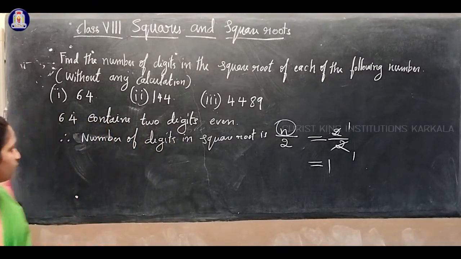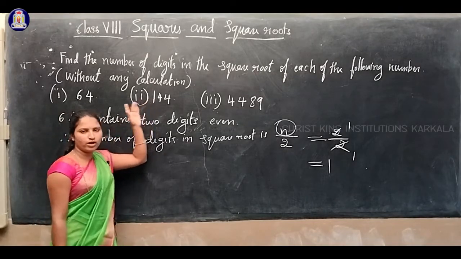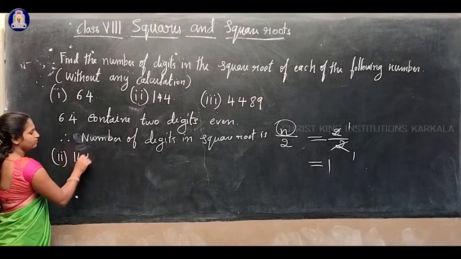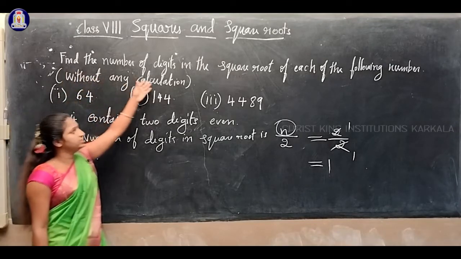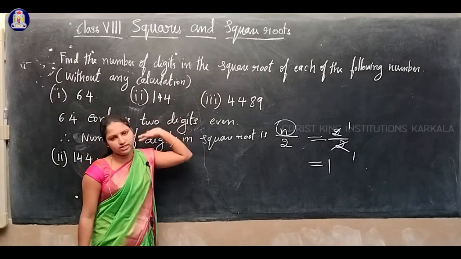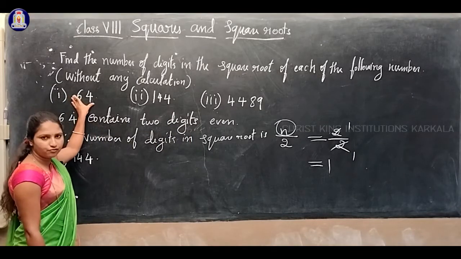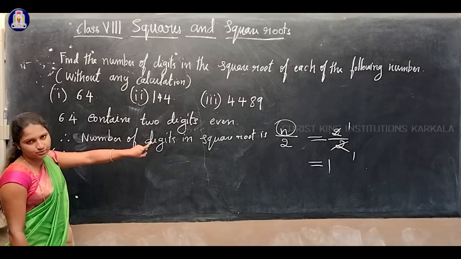Similarly, suppose you get 3 digits, like in the second question, 144. The question is to find the number of digits in the square root of each of the following numbers. For 64 we got only 1 digit, that is 8.